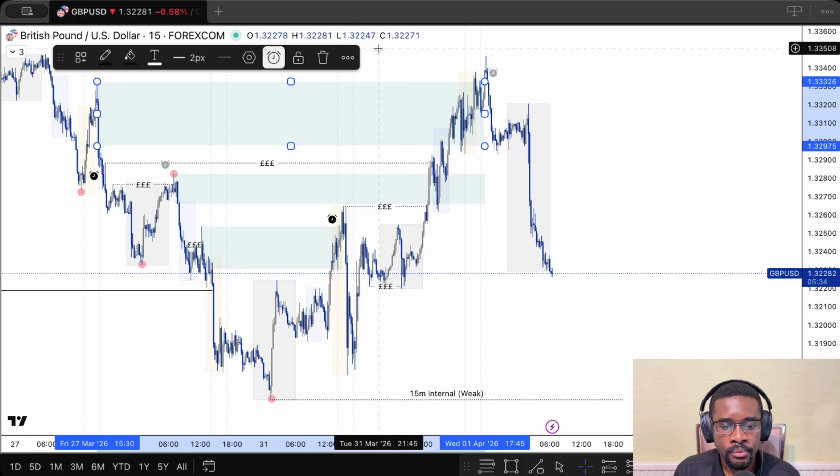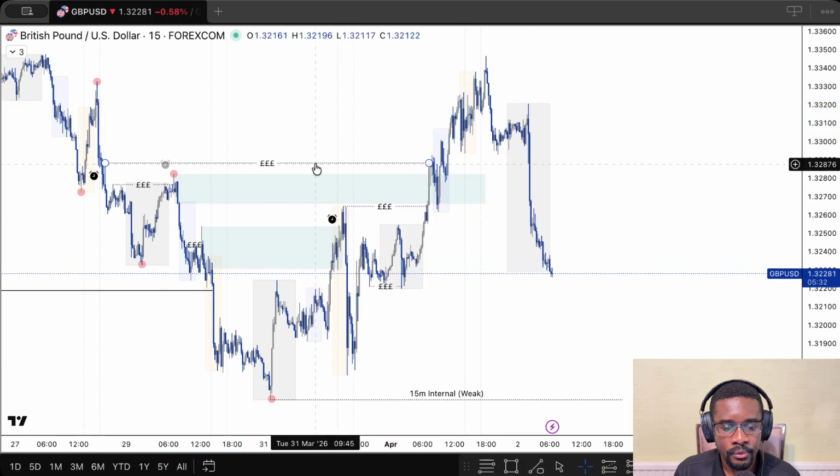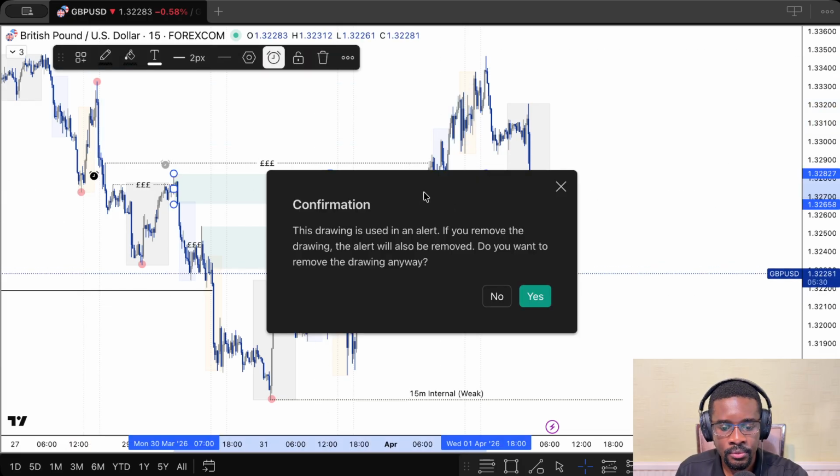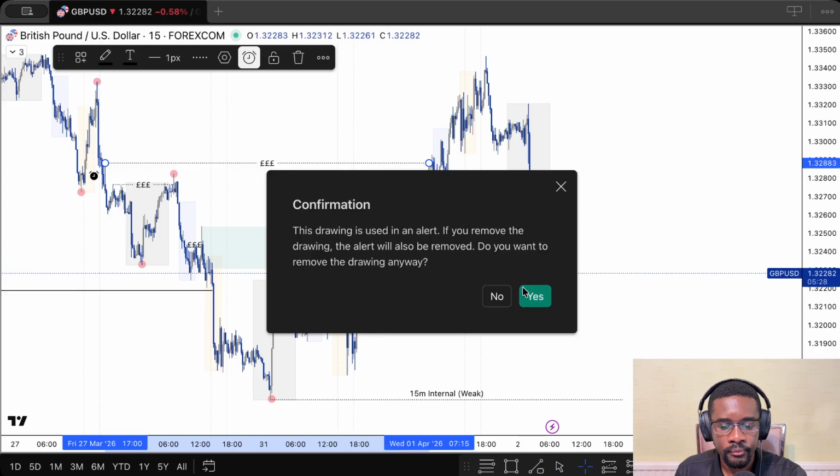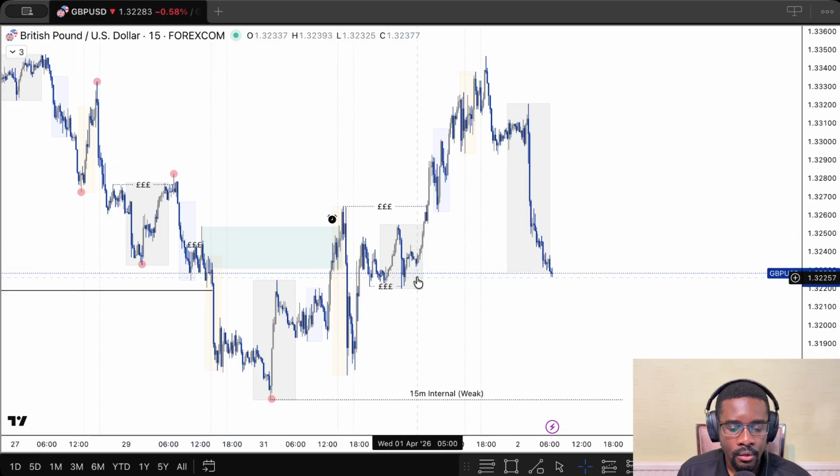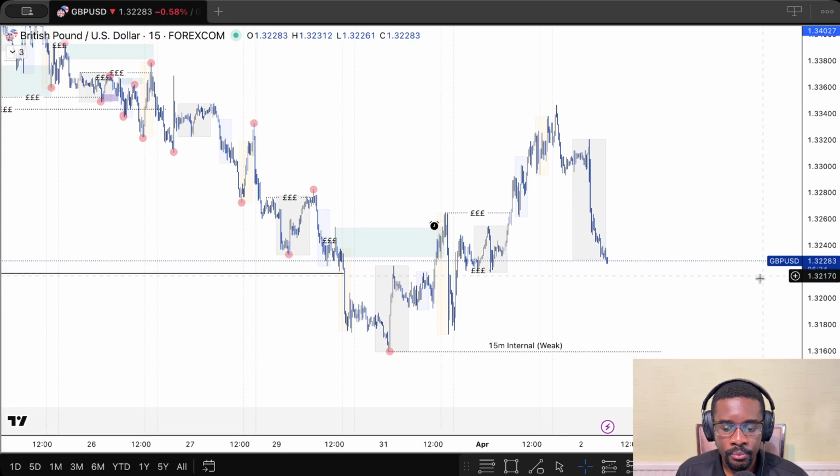And then this area of supply. Okay, so it's this one. Alright, so we broke structure, came up, which makes this strong.